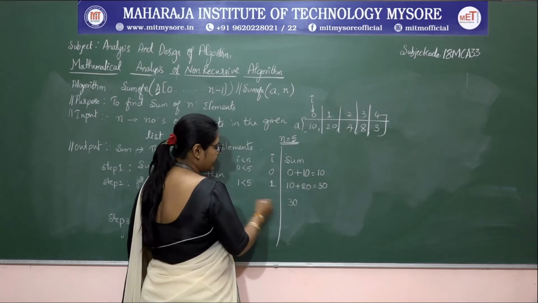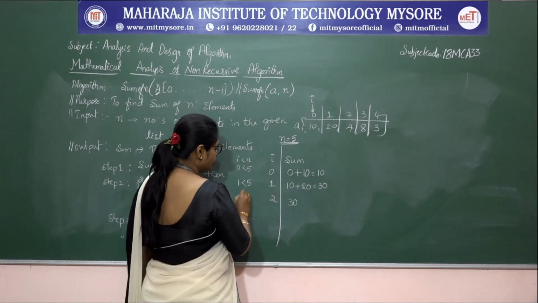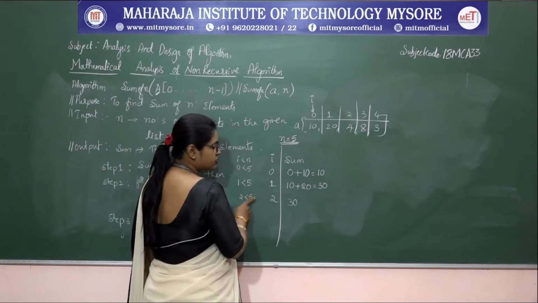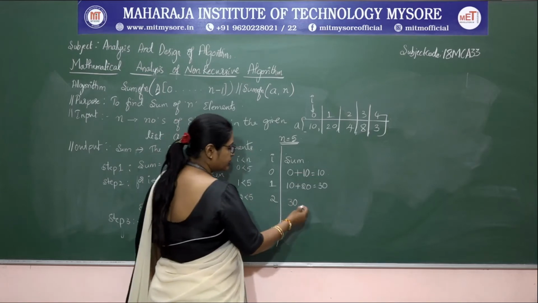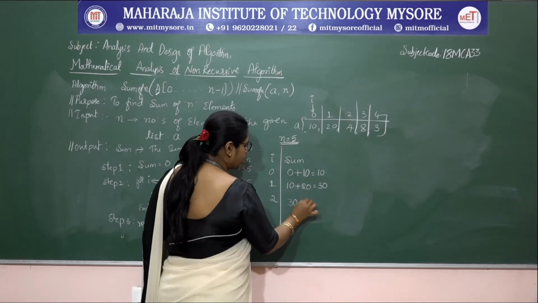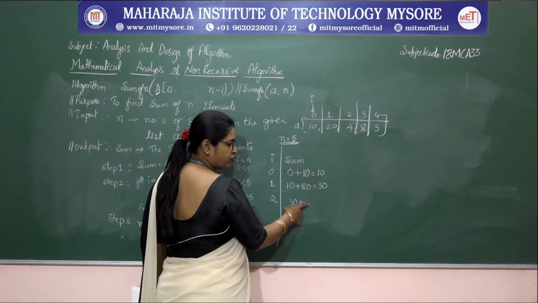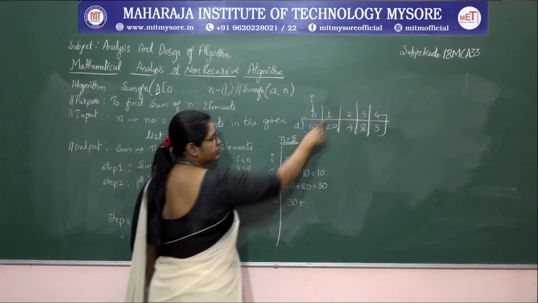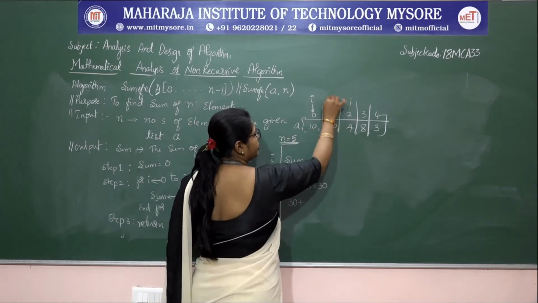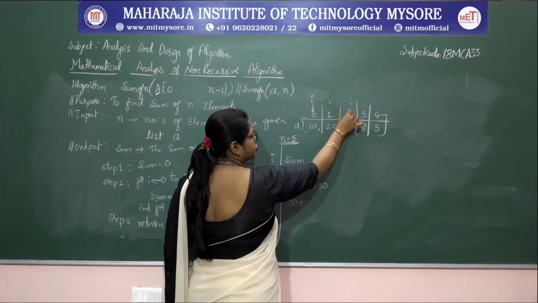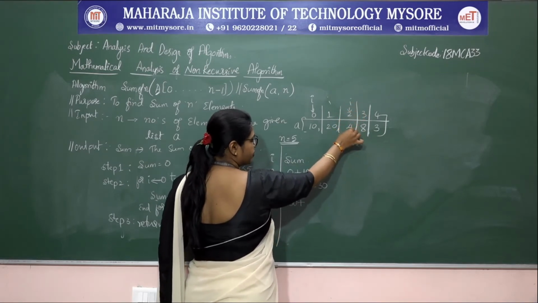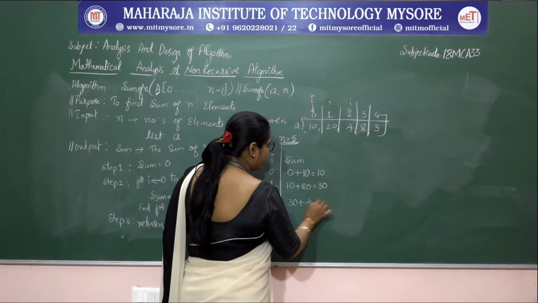Next i gets incremented. i is 2, and 2 less than 5 is true. So into the sum we add a of i. i is pointing to 2, and in the second position we have the value 4.